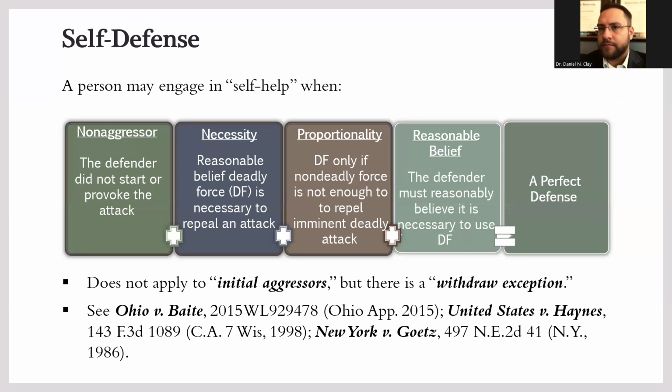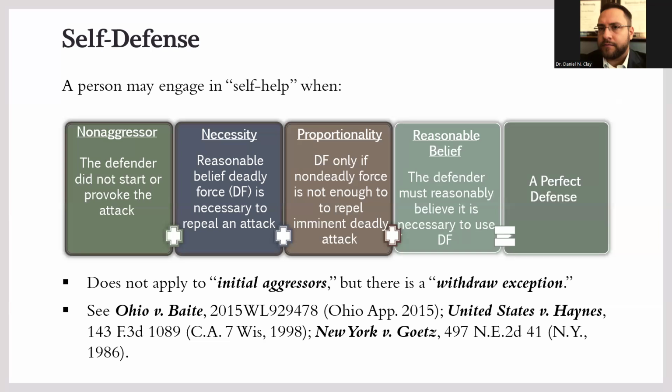That being said, there is one exception, which is called the withdrawal exception. The idea is maybe you start the fight, you pick a fight with somebody, and then you make it very clear that you are done with the fight. You are no longer going to attack this person, and you start to walk away and leave, right?